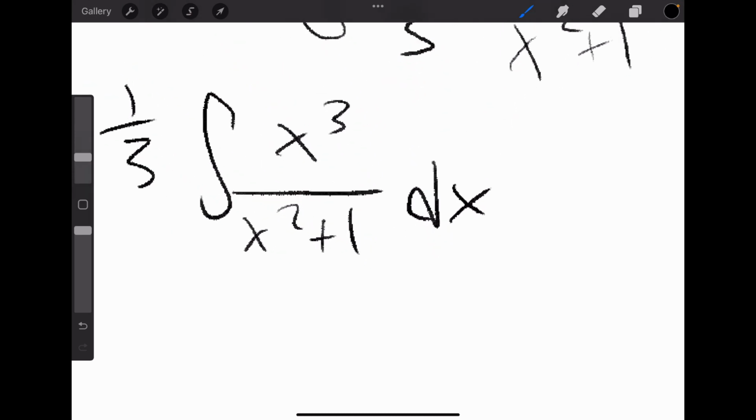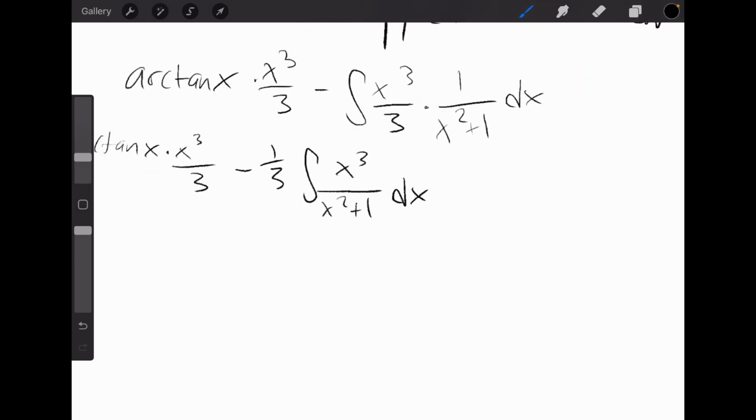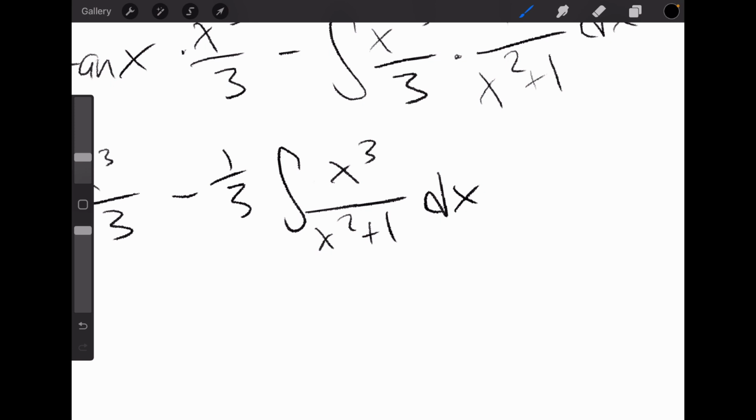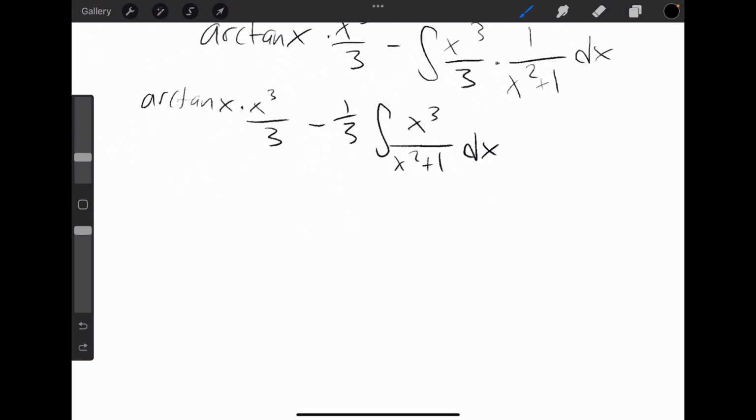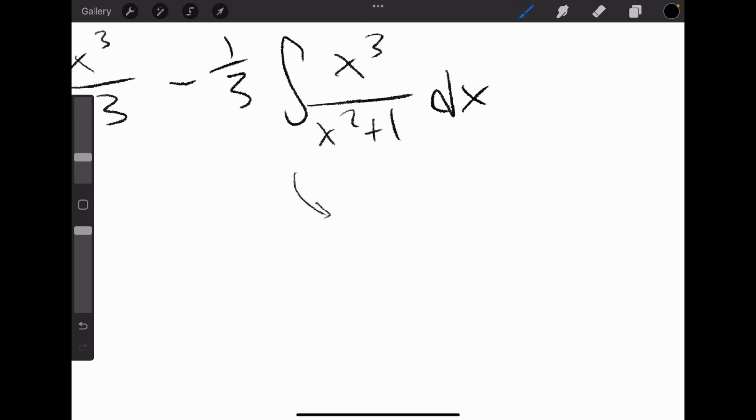And then I actually like this because the numerator and the denominator have different powers, so I can work with this in a way. So I think I'm going to try long division. It's going to be really short, but you know, it's okay.